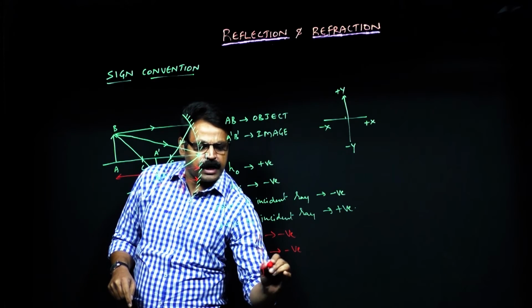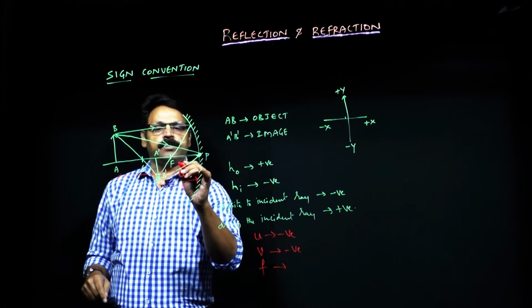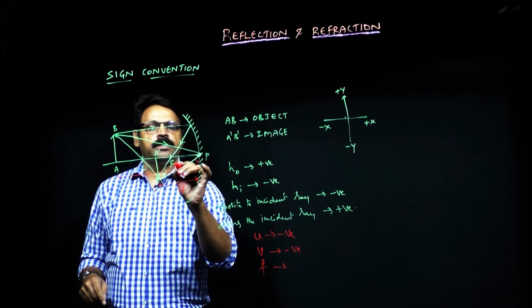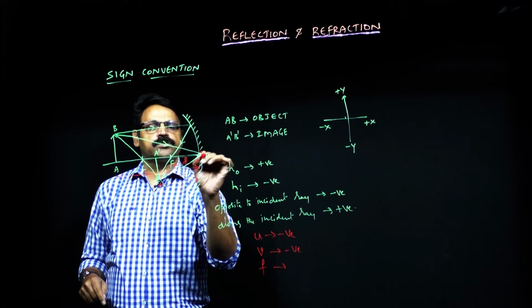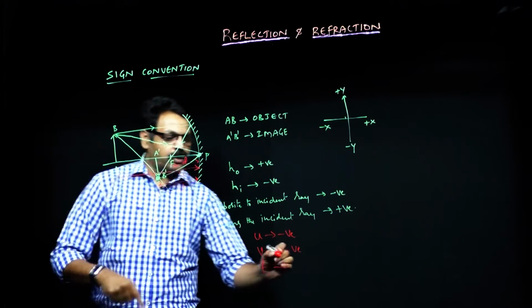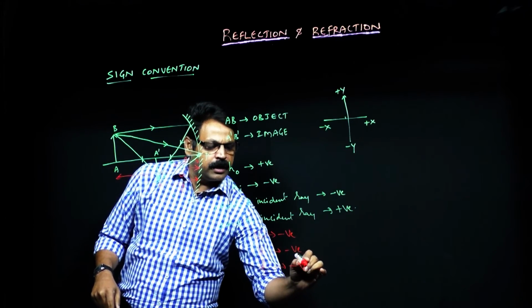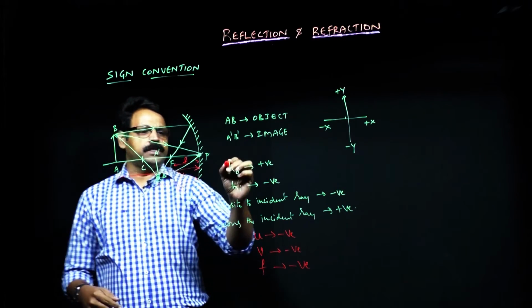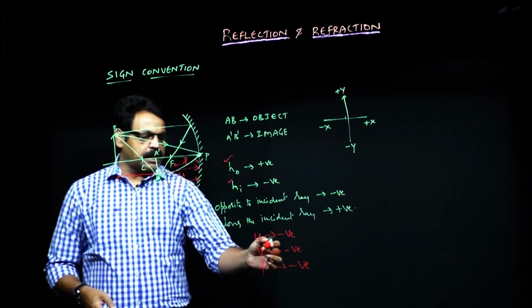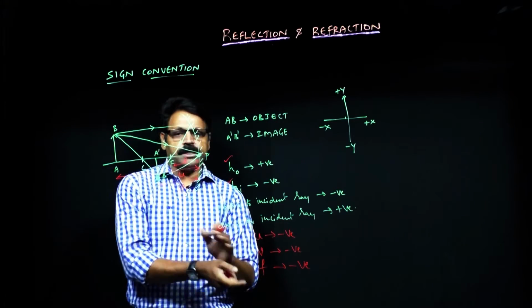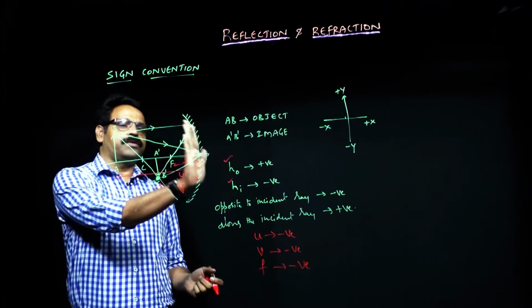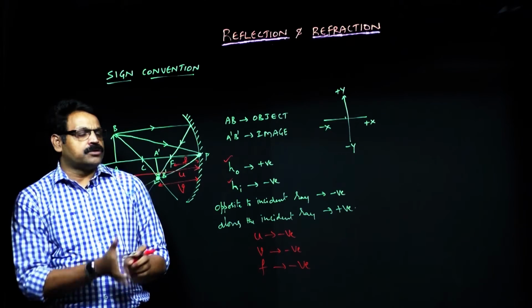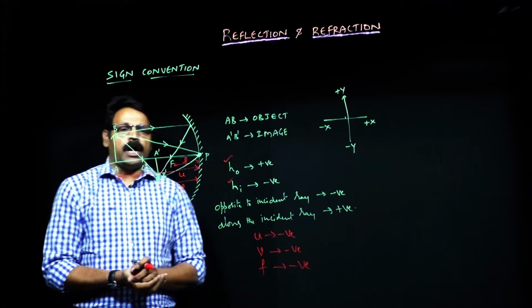Similarly, focal length is nothing but the distance between the focus and the pole. This is called the focal length. So focal length is also going to be negative. So this is how you have to measure. First in terms of the heights, the second in terms of the distances, with reference to the incident ray. So this is the sign convention you have to adopt.